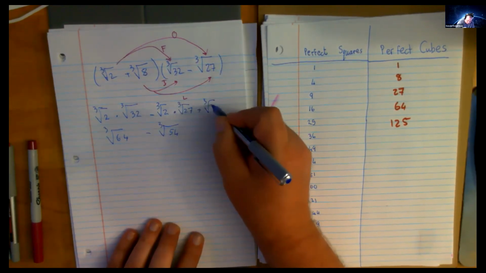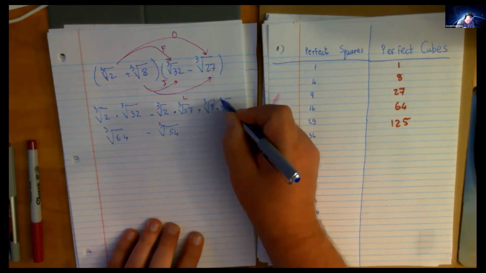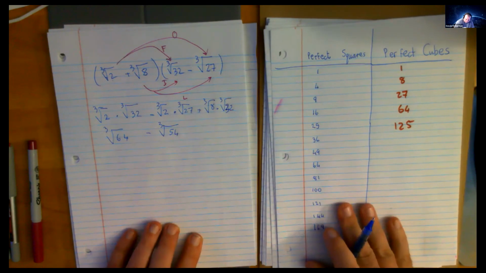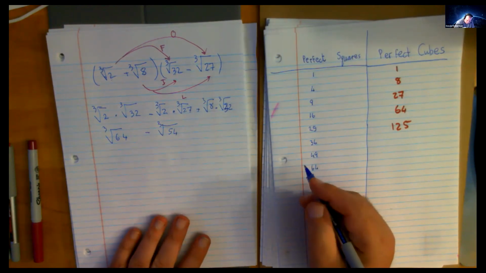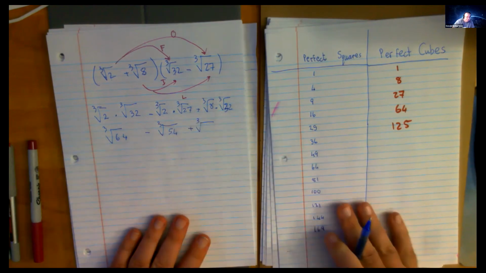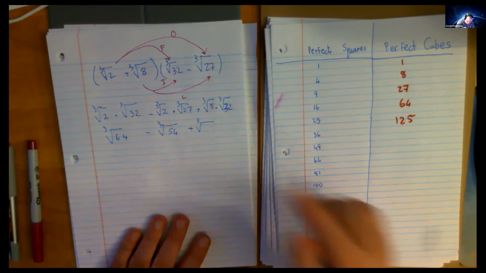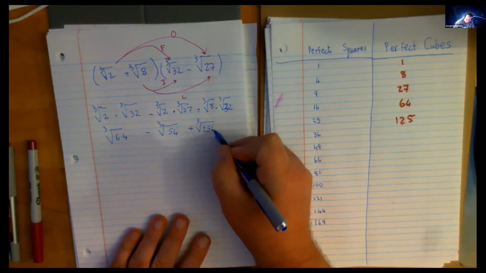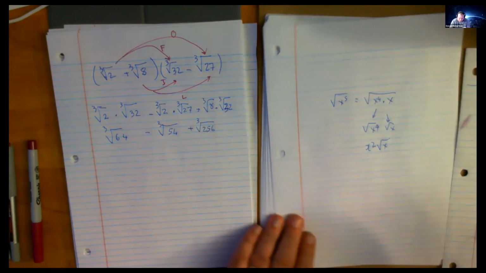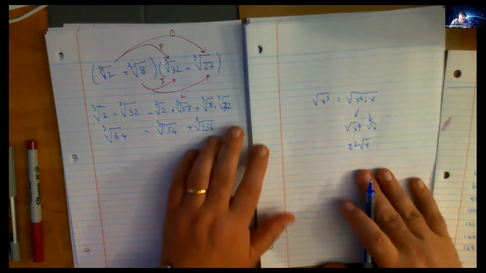Cube root of 8 times 32. I wish I'd thought about this question before I put down the numbers. 256. That's interesting. And I guess I need some room over here because I didn't plan ahead.